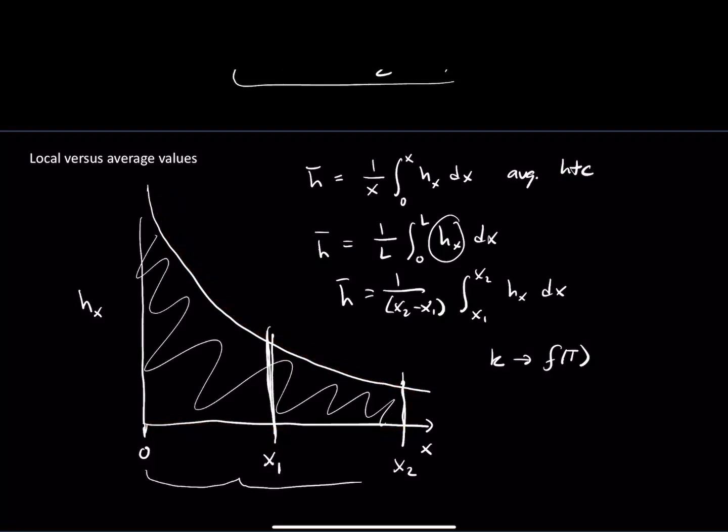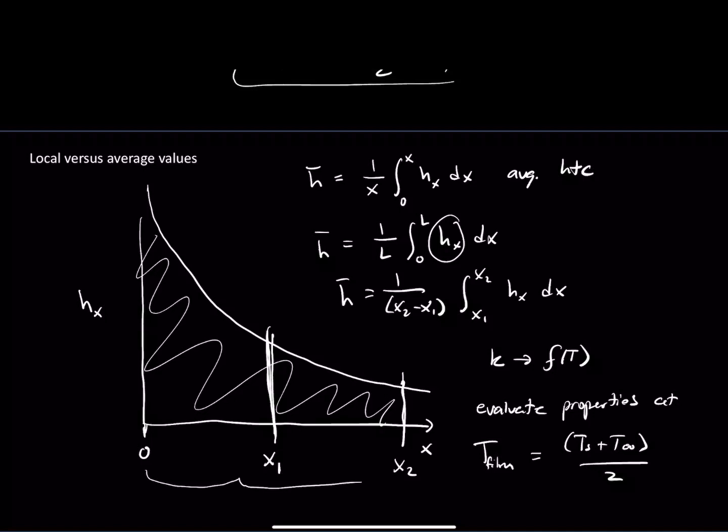The answer is that we would actually be using what's called a film temperature. So we're going to evaluate properties at T film, and this is basically the average temperature of the film. So that's going to be Ts plus T infinity over 2.